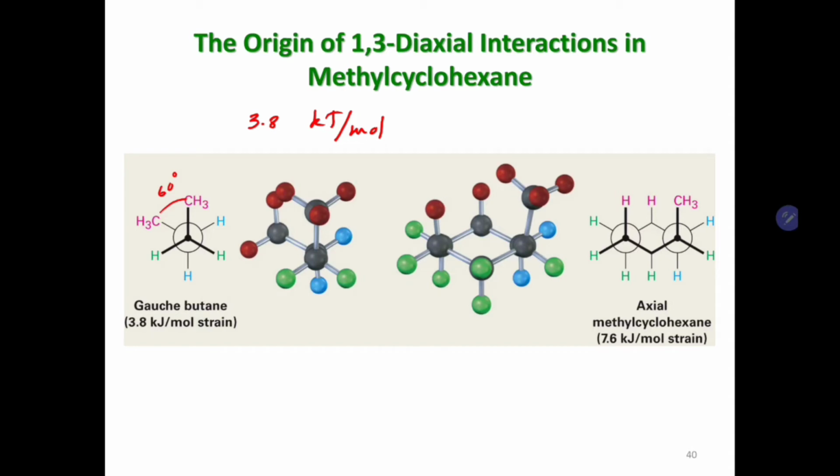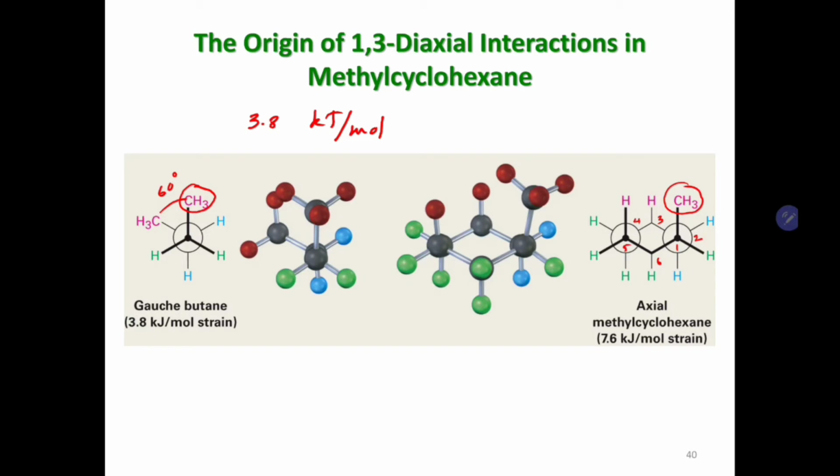Okay, why? Because you can draw the cyclohexane ring using Newman projections, and of course you have, let's say, this is your carbon number 1, then this is carbon number 2, carbon number 3, carbon number 4, carbon number 5, and carbon number 6. Okay, so as you can see, this CH3 group basically is similar to the CH3 group right here in the gauche butane.